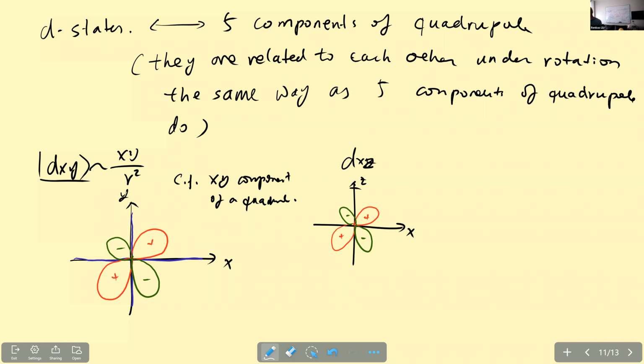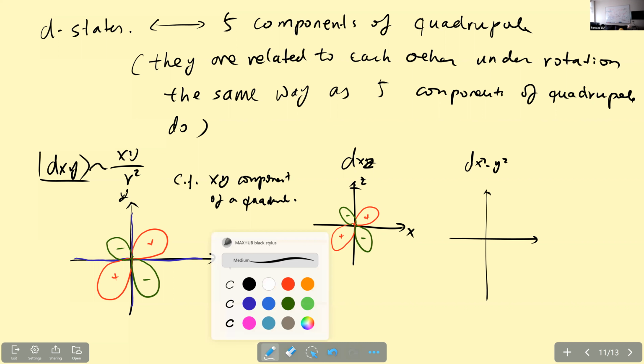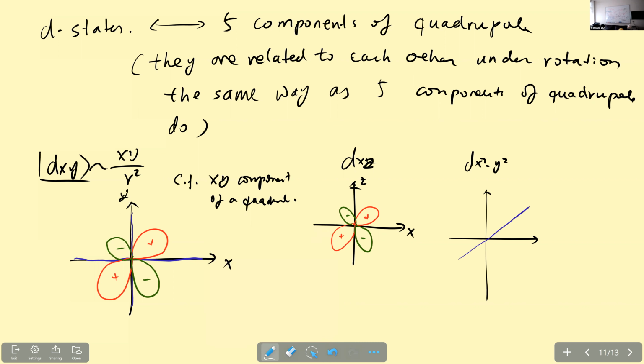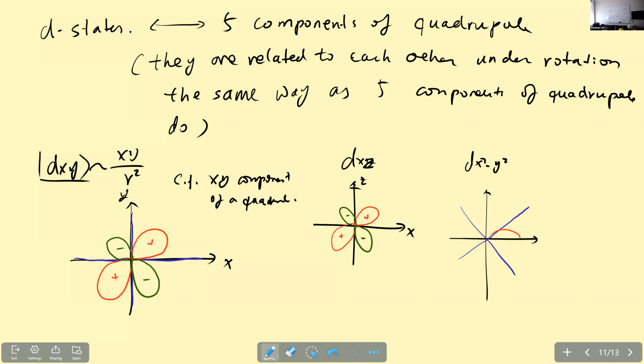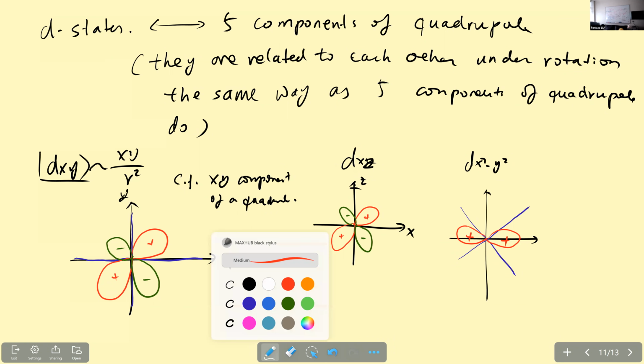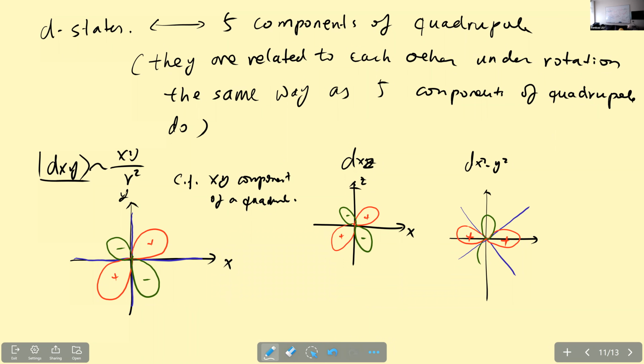Okay, let's look at another interesting one, dx squared minus y squared. So that will be something like this. Now along this line, when x squared equals y squared, these are the surfaces where the wave function is 0, right? But along this part and this part, this is positive, and along this part and this part, this is negative, right?